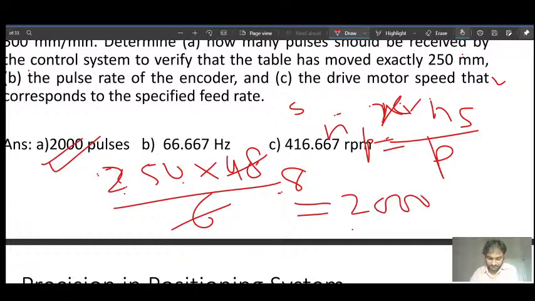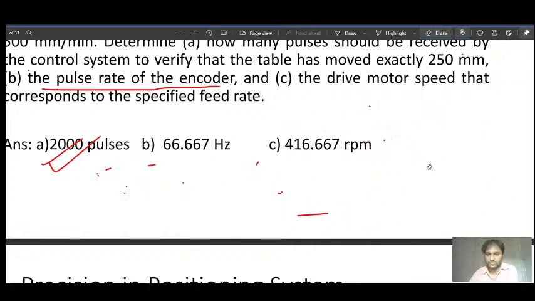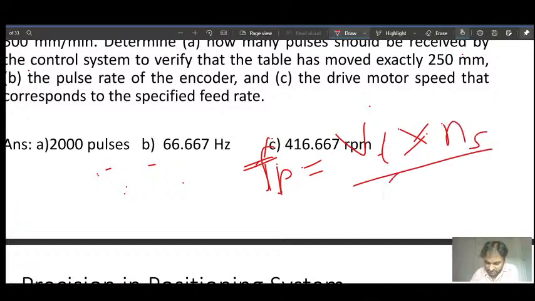Again, second one, the pulse rate of the encoder, pulse rate FP, you need to find out. To find the pulse rate, if you remember the formula, FP is equal to Vt into NS, Vt into NS divided by 60P.